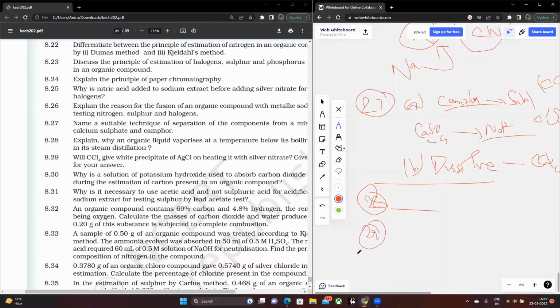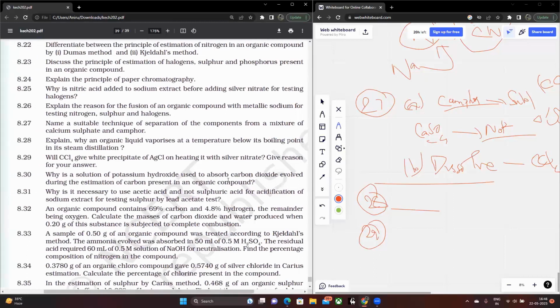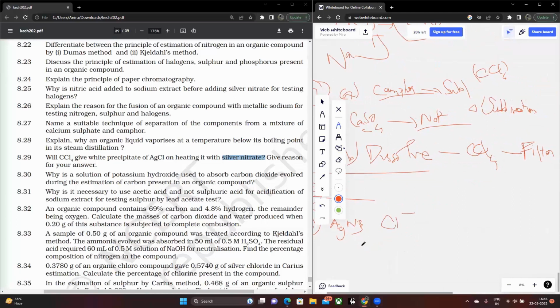Question number 29: will CCl4 give a white precipitate of AgCl on heating with silver nitrate, right? Silver nitrate test, you always have to note that the silver nitrate test only works with chloride ions, right?